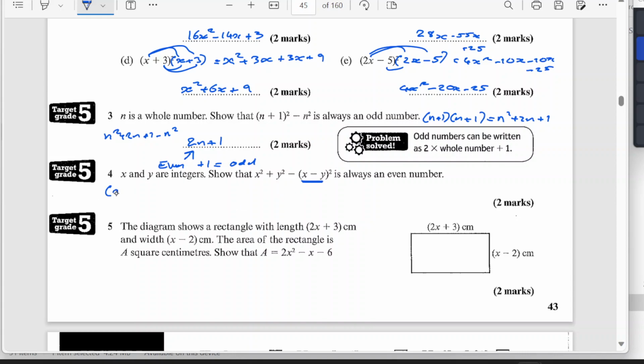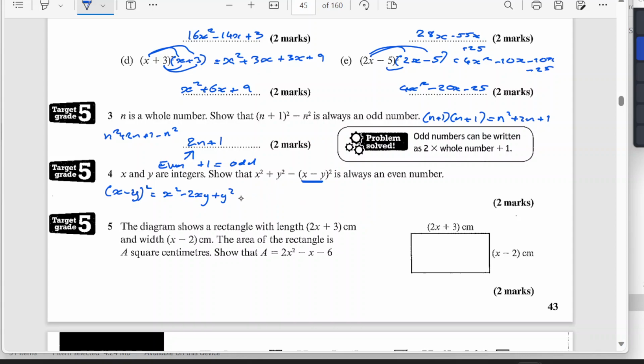So I'm going to say x minus 1 minus y, squared is going to be equal to, and if I square that out, same process as I've done all the others, that will give me x squared minus 2xy plus y squared, because a negative times a negative would be a positive.